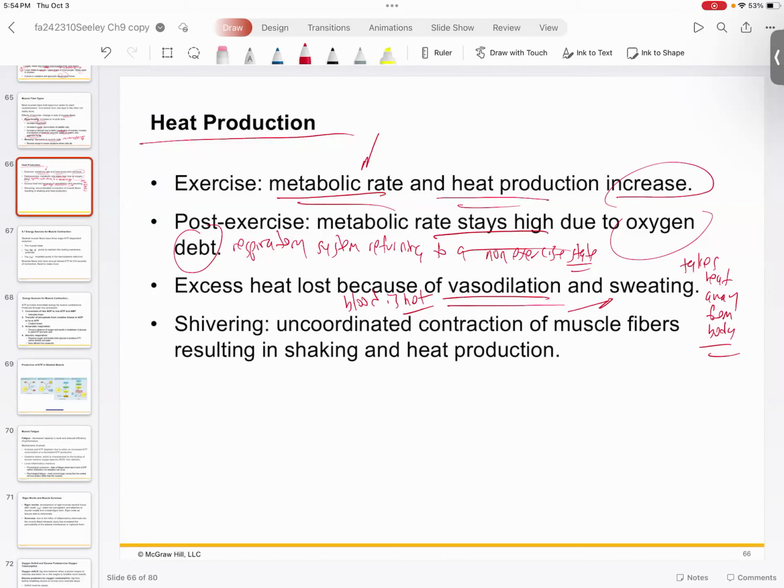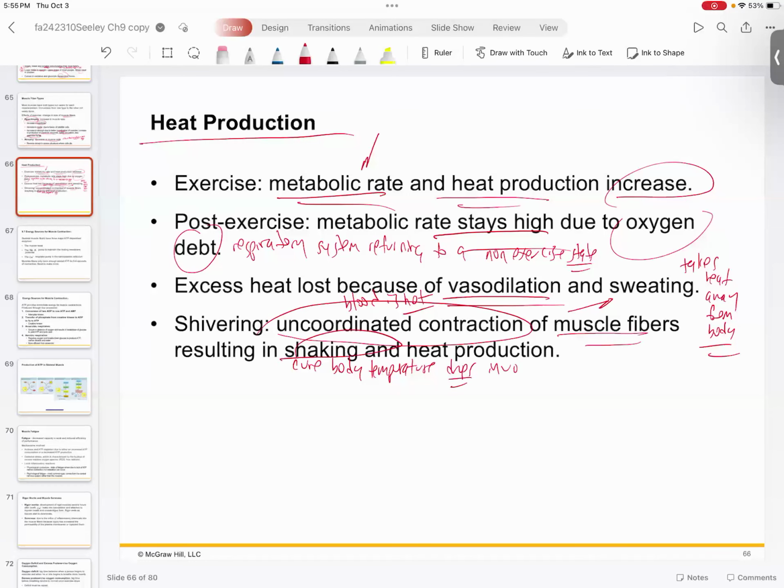On the flip side of that, you also have the cold response. For instance, if you get too cold, that is to say, if your core body temperature drops, then the muscle fibers will start shaking and contracting in an involuntary way, uncoordinated contraction.